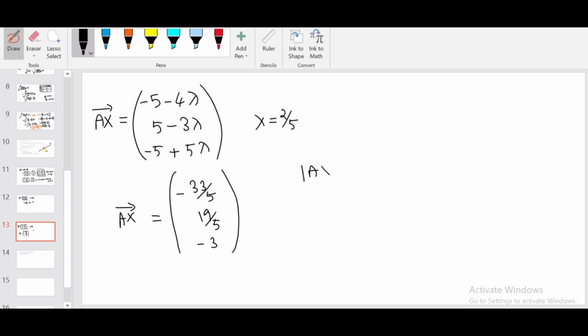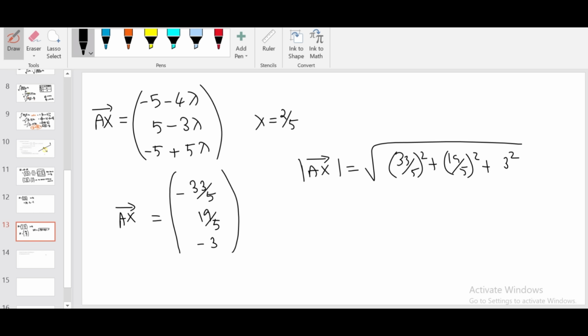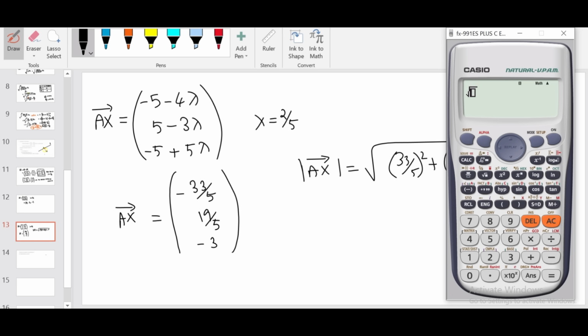So the modulus of the AX vector is equal to the square root of negative 33 over 5 squared, plus 19 over 5 squared, plus minus 3 whole squared, or just simply 3 squared, which is 9.